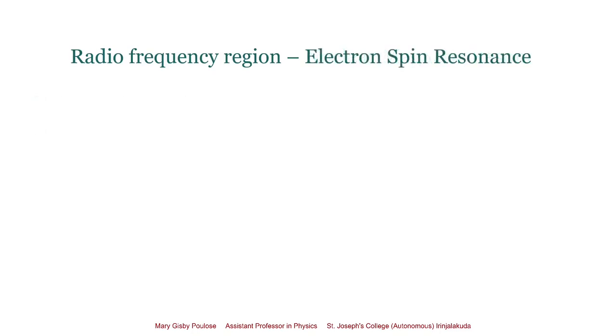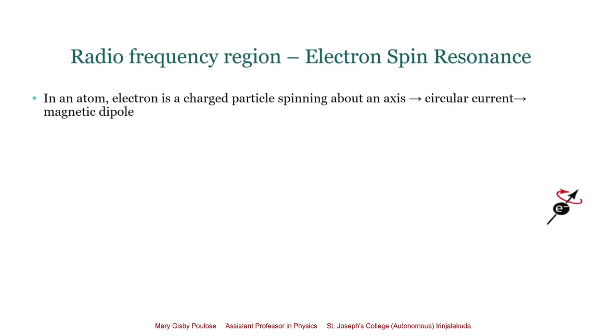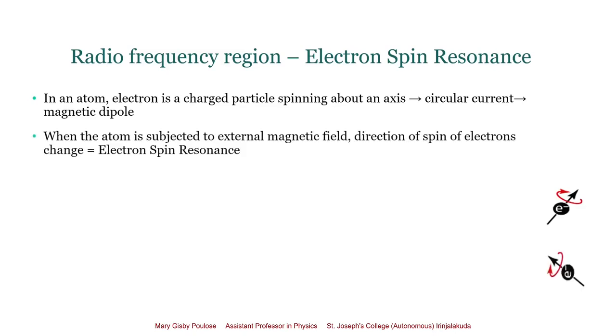Now let us look into electron spin resonance. In an atom, the electron is a charged particle and these electrons are moving about their orbitals. Hence, this also constitutes a circular current and it forms a magnetic dipole. Again, when light is falling upon these electrons, their spin can change and this leads to electron spin resonance. This happens at the higher radio frequency range of 10 raised to 10 hertz.